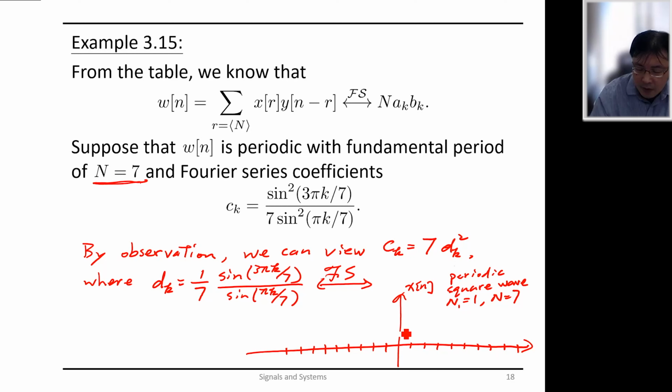So you have a 1 here, here, and here, from -1 to 1, 0 here, and it repeats itself again here, here, here, and so on.